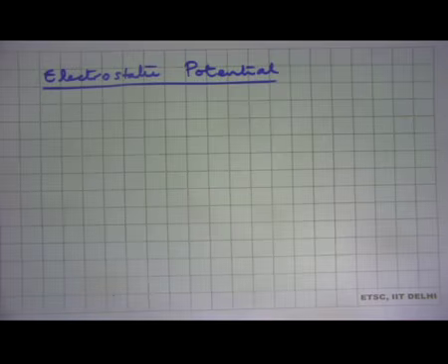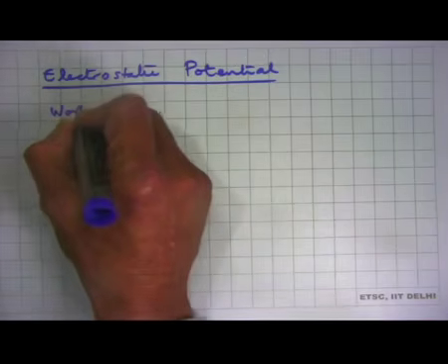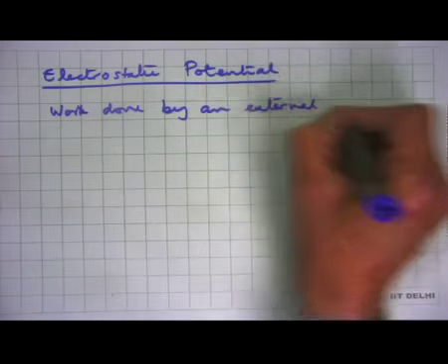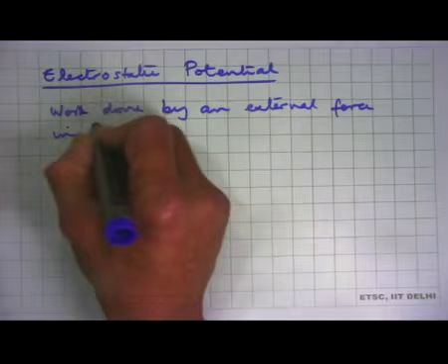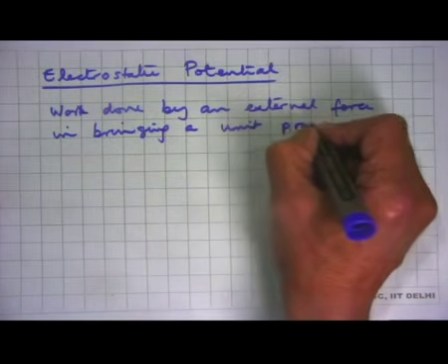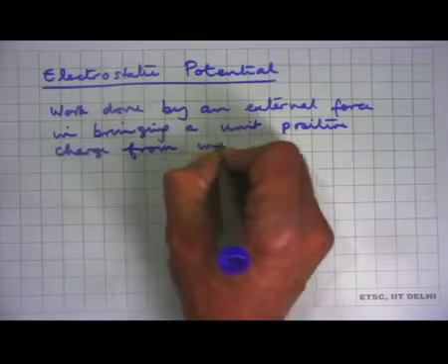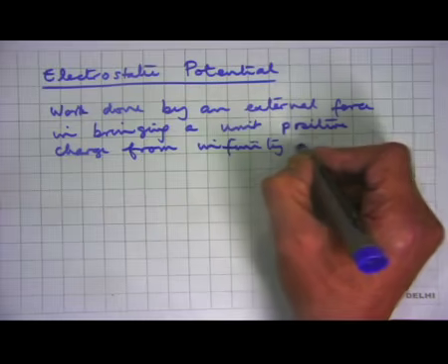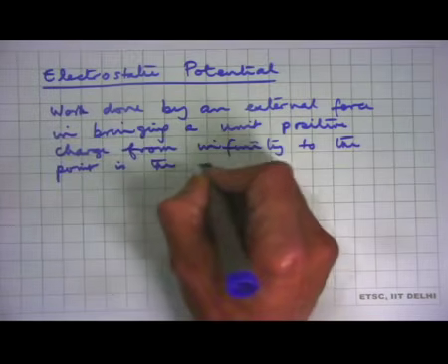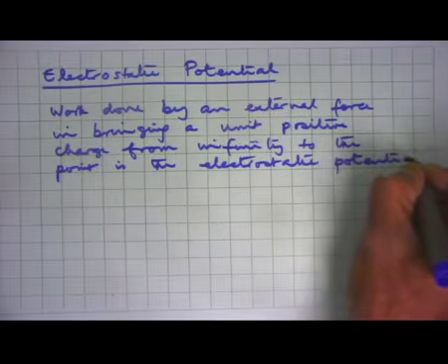So, electrostatic potential is the work done by an external force in bringing a unit positive charge from infinity to the point is the electrostatic potential at that point.